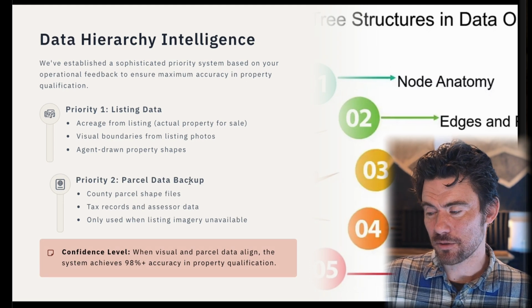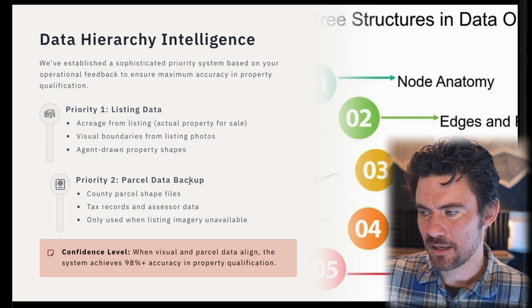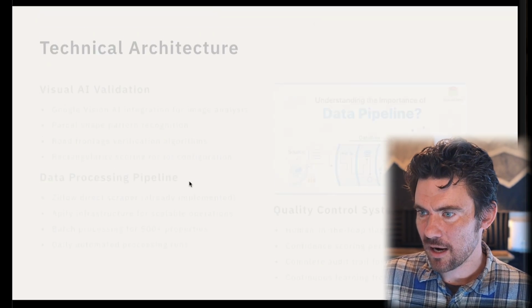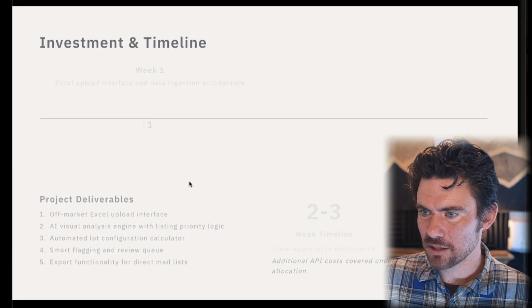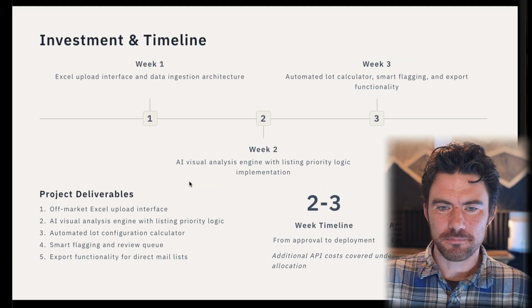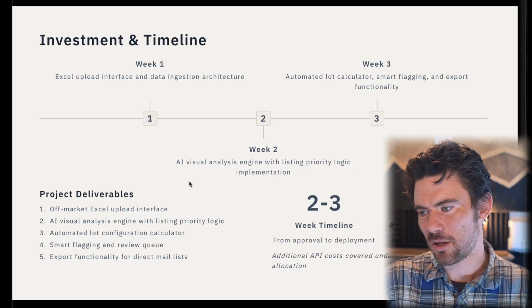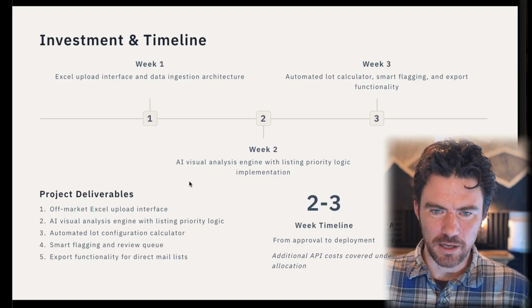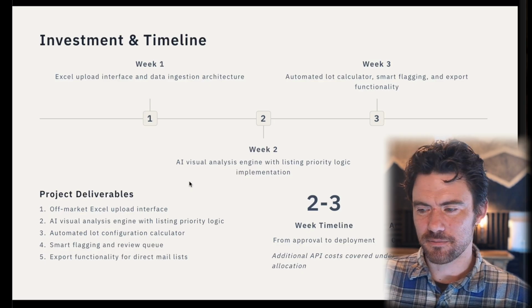It's going to create images for all the slides. You can affect how you want these images to look. Data hierarchy, intelligence, technical architecture, investment, and again, it's like my personal assistant knows all about my business, so it can sort of gauge what I might charge for a service during a proposal.